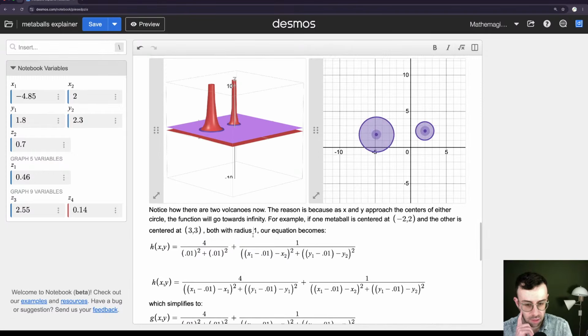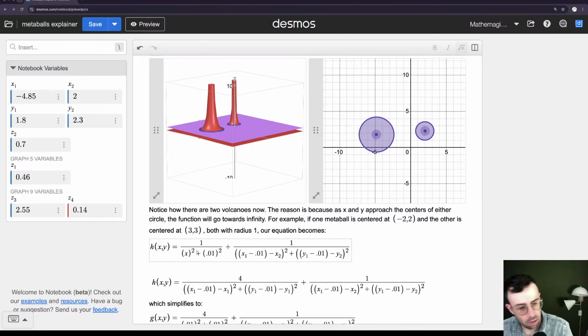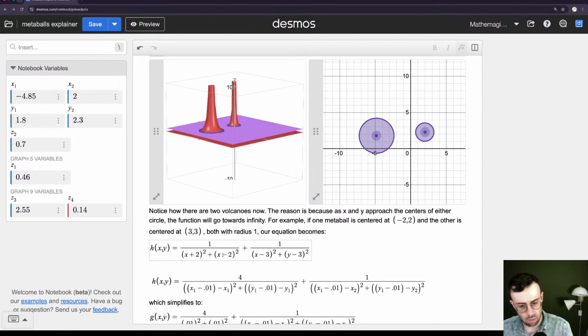All right. Let me get back to this real quick. So let me change the equation. I was just going to say radius 1 for simplicity. X plus 2. X minus 2. This one would be X minus 3. Oh, I did 2 X's. Y minus 3. Okay.